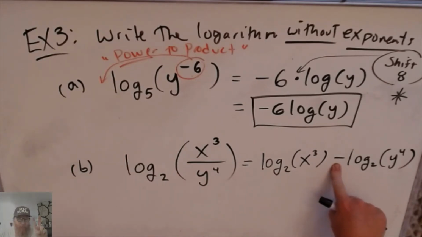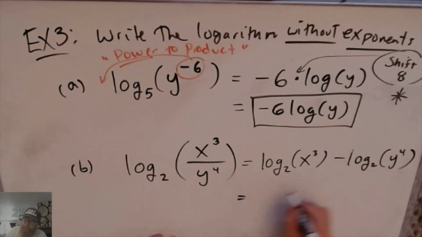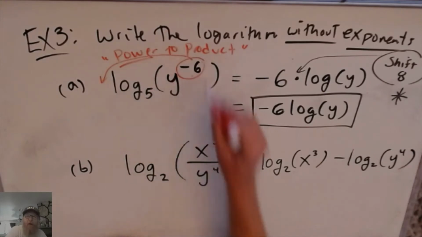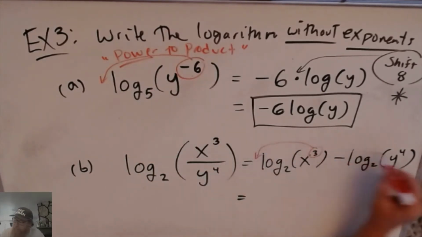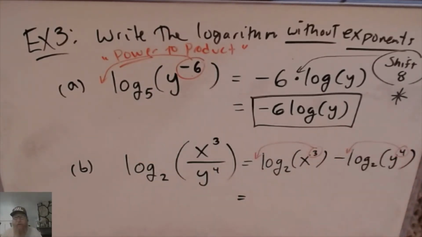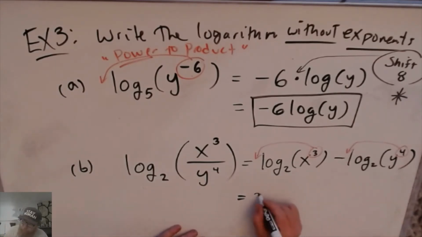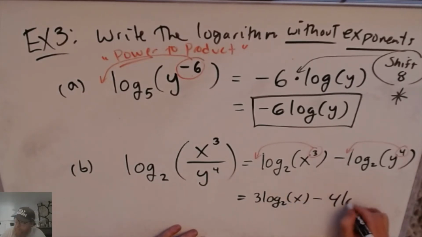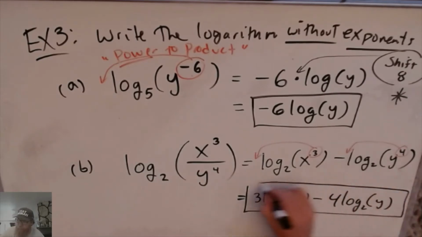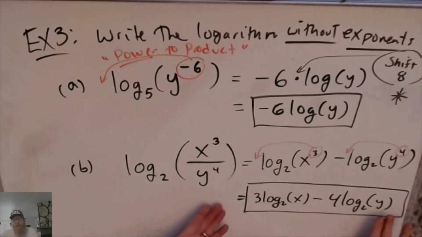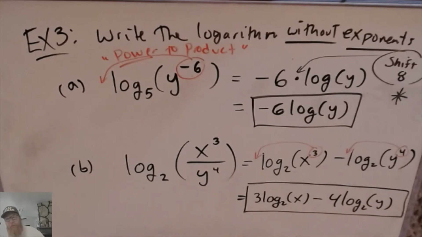I think that was property number 2 in our list. And then we can do the power to product property by bringing the power down to the front. So I got 3 log base 2 of x minus 4 log base 2 of y. And so we have followed the directions. We have written the log without any exponents.